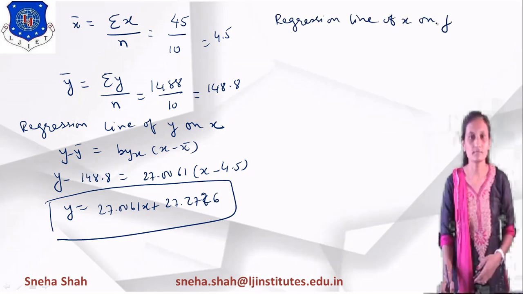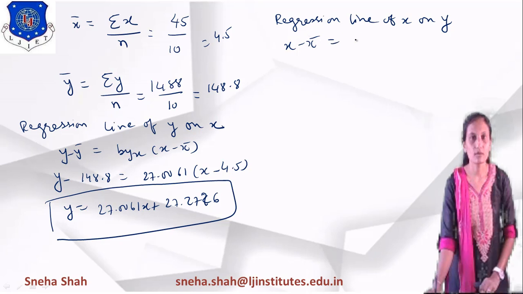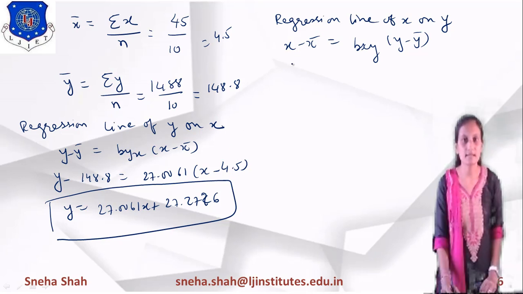If we want to find the regression line of x on y, then the equation is x minus x bar equals b_xy times (y minus y bar), right? Now if I put all these values over here, what will be the equation? x minus x bar means 4.5.